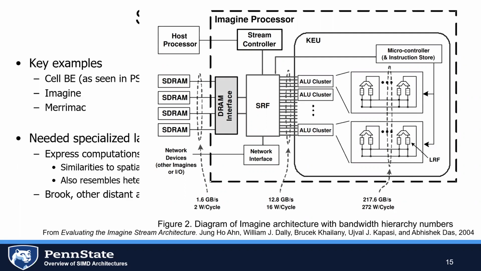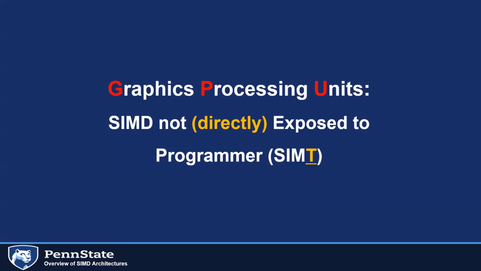The further away I go from the actual thing doing the actual computation, the lower my bandwidth is, the more energy it's taking to move data. If energy and data movement are my most constrained resources, this is how I have to organize my design for maximum efficiency.